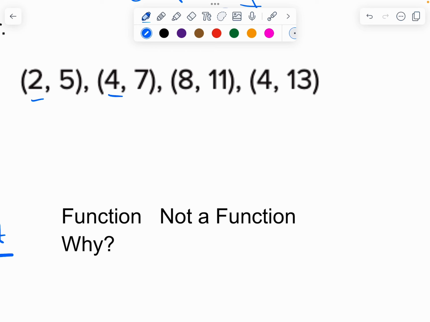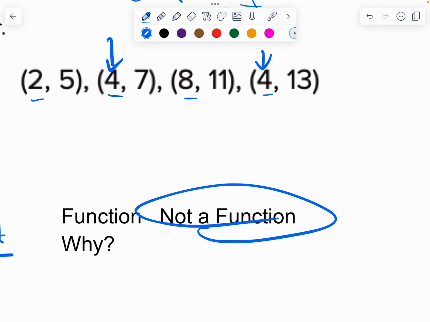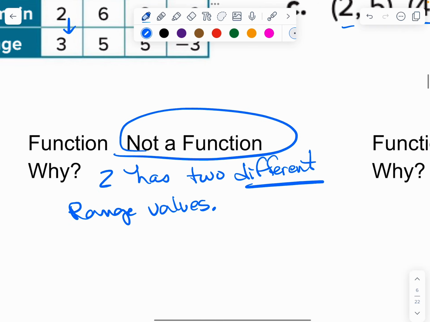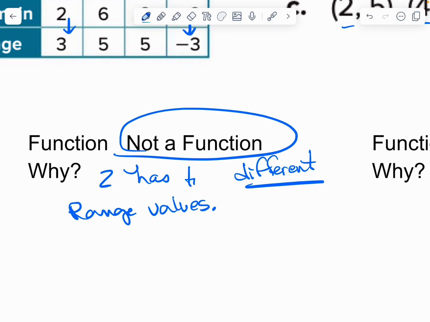Okay, I look over here. We have 2, 4, 8, 4. Up, 4 goes to two different things. So this is not a function. 4 goes to, did I just write that as TWO? Oh my goodness, that is embarrassing. Oh no, that was the right 2 for that.